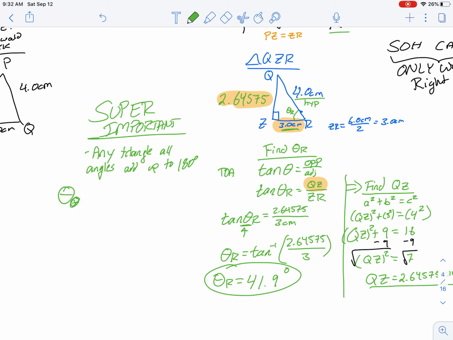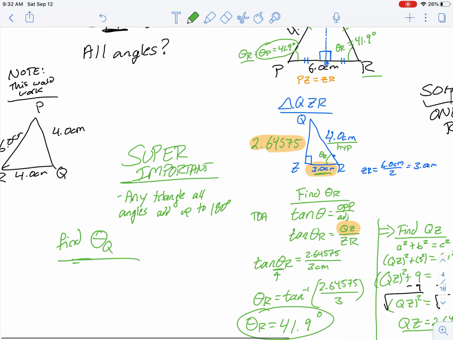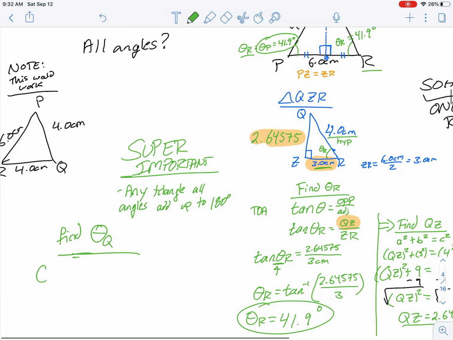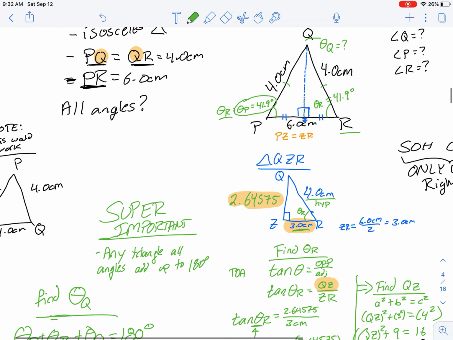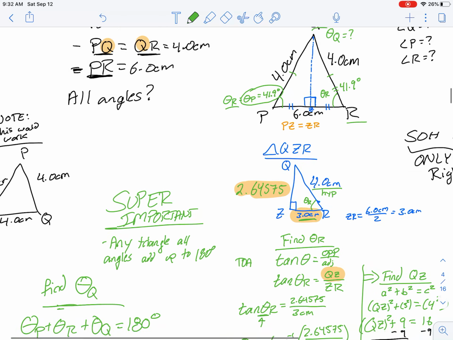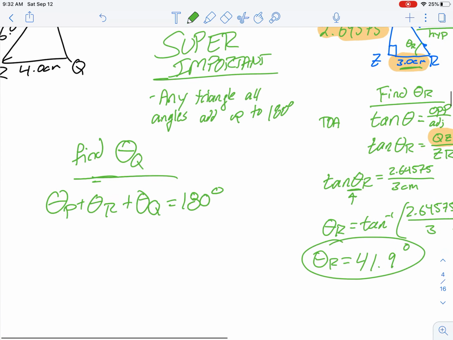So angle Q, oh my goodness, let's rewrite that. Angle Q. Okay, so remember, we're going to use that fact. We know that angle P, I keep writing Q every time I want to write angle P, plus angle R plus angle Q equals 180 degrees. That's something that always happens in triangles.